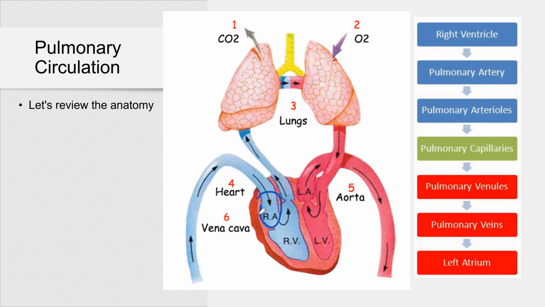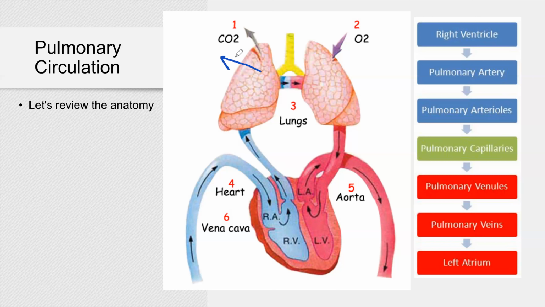So right atrium, then we have the tricuspid valve, then right ventricle, then the pulmonary valve and pulmonary artery, then pulmonary arterioles, pulmonary capillaries, and you go to the lungs, to the alveoli of the lungs.